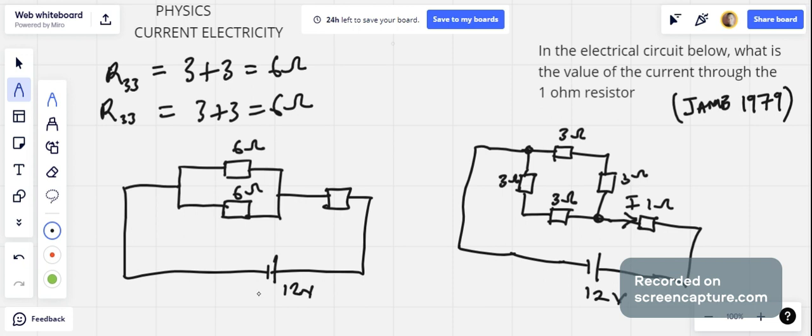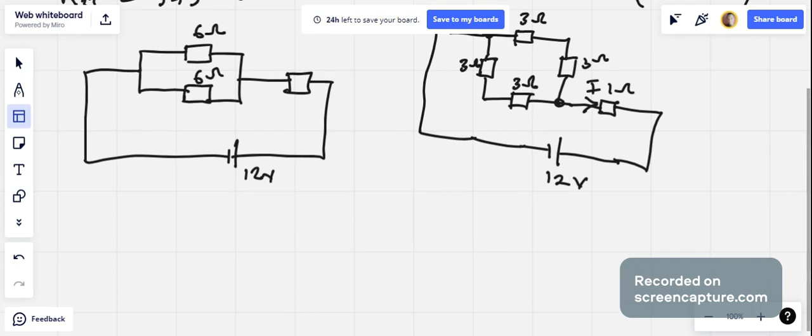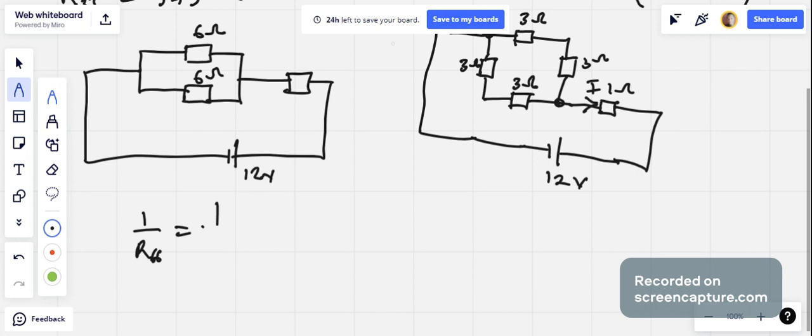The next thing we do is resolve these two resistors, 6 ohms and 6 ohms, that are in parallel. Parallel: 1 over R66 will be 1 over 6 plus 1 over another 6.